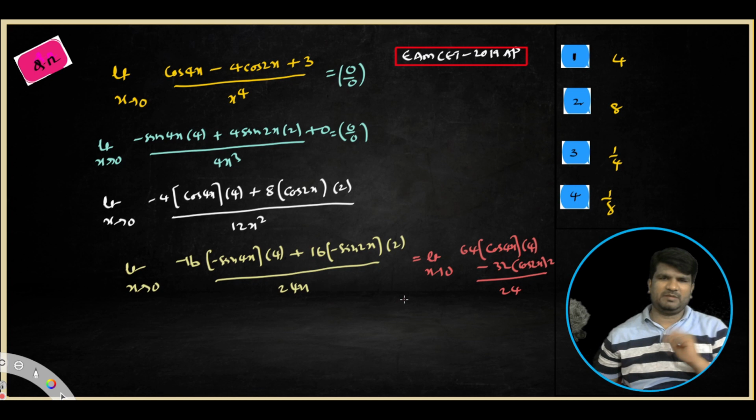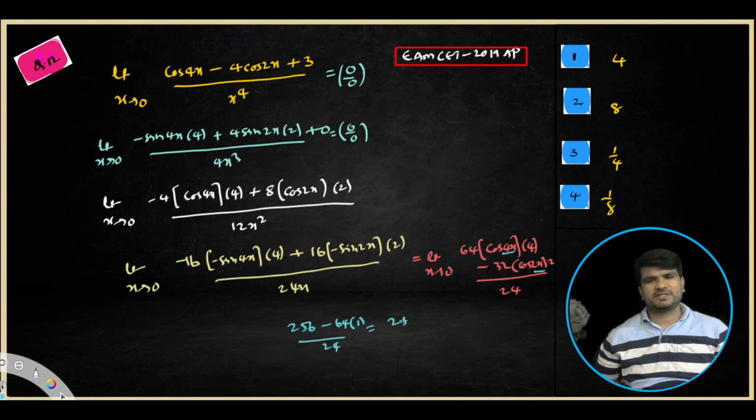Now we can apply the limit. The numerator becomes 64 4s are 256, minus 32 2s are 64, with cos 0 being 1 in both places, divided by 24.